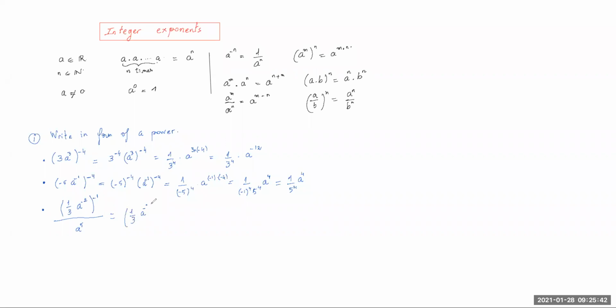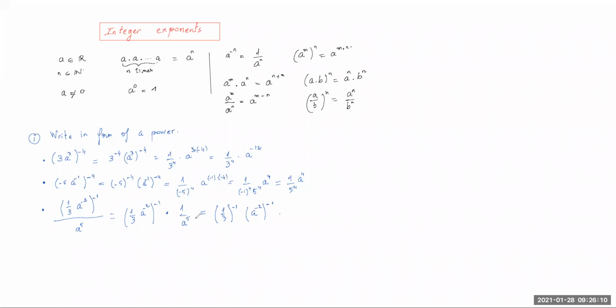I can say minus 1 times, I separate my product, my fraction, like I see it like a product. Then here I work on the first term. I have minus the inverse, or I can see it as power minus 1. So I can separate. I have a product. I can do that. A minus 2 power minus 1.